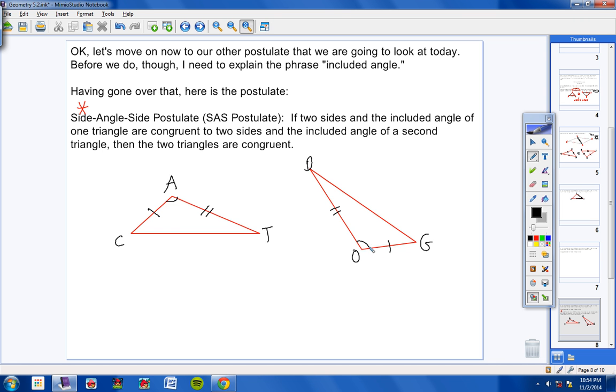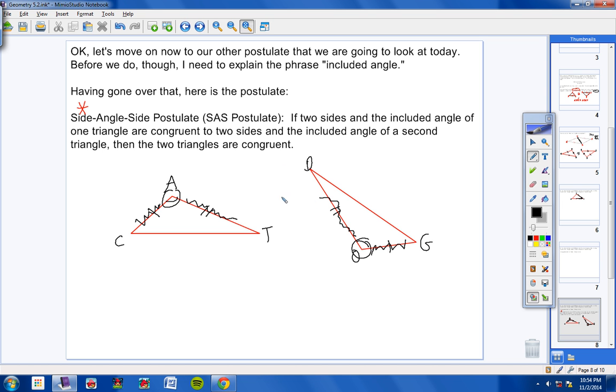Then look what I have, guys. Please watch this carefully. I have a side, then an angle, and then a side. Do you see it? Side, angle, side of one triangle congruent to side, angle, side of another triangle.